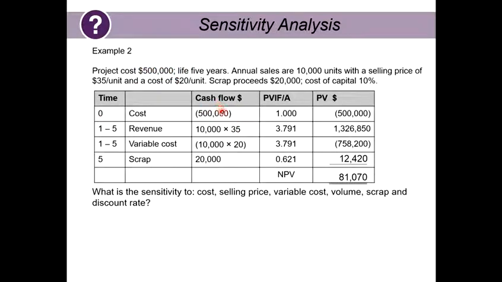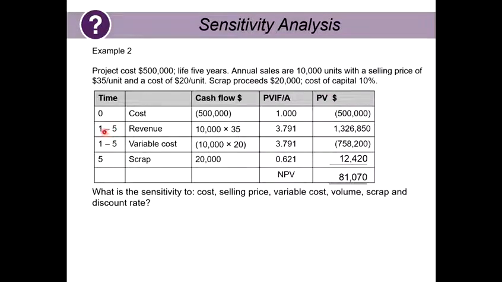Lepas tu akan ada PVIF or PVIFA at 10% lah cost of capital kita. And then dia akan ada PV or cash flow. Okay. So year 0 kita akan ambil hanyalah initial investment since it's outflow, so PVIF dia akan jadi satu saja, and then akan dapat $500 as well.